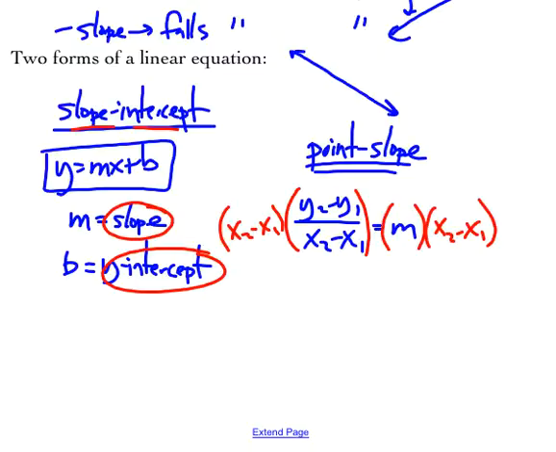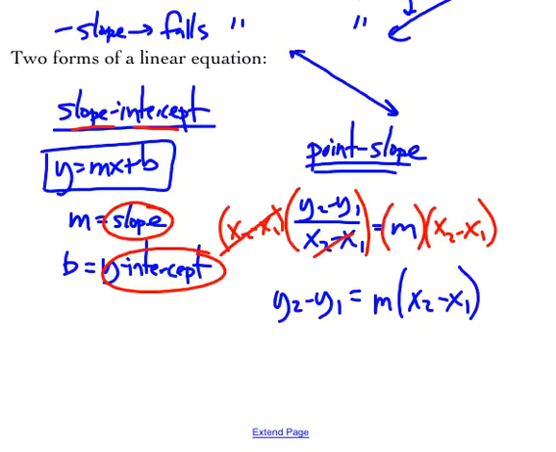All this does is really just clears the fraction. So over here I would have y2 minus y1, and over here I'm going to have the slope times x2 minus x1. Okay, so that's just rewriting the equation of the slope, where it's not a fraction, I guess.